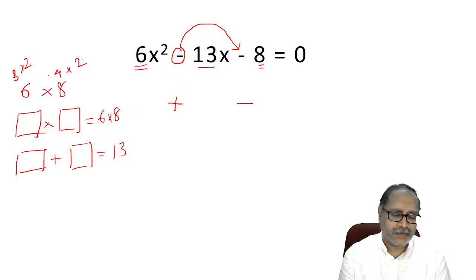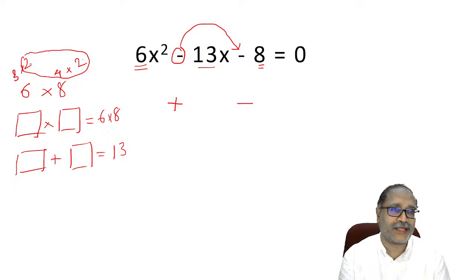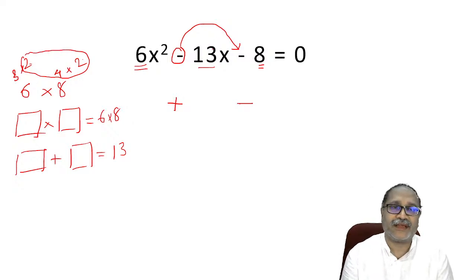How do I get this? You are saying 16 minus 3 is possible? Yes, yes, yes. Now you can see it's 16, and 16 minus 3 is 13. So that is 16 and 3. Now it's equal to this product, and 16 and minus 3. It's not plus, so it's minus 3.